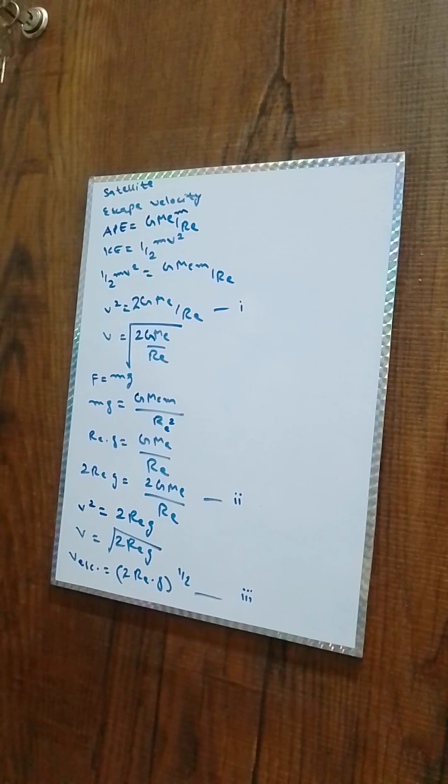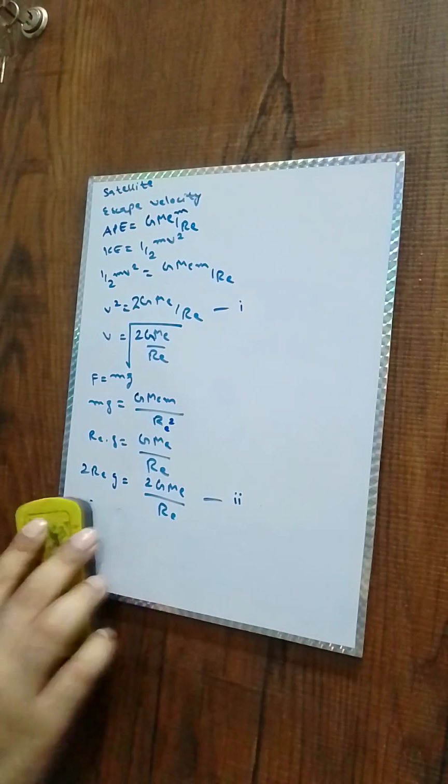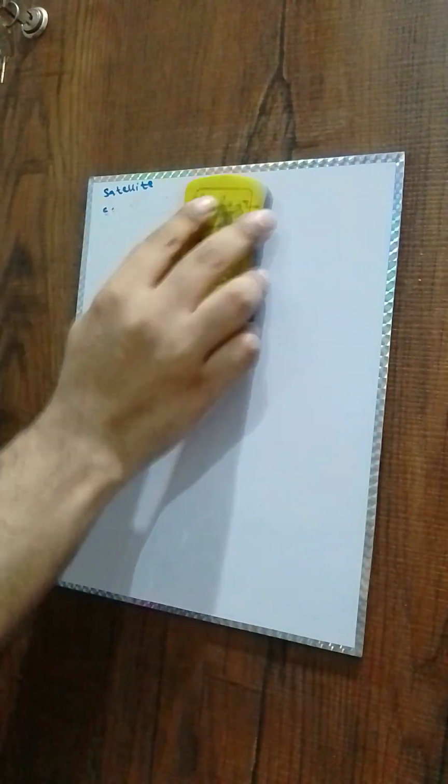Sometimes we have to average out the force, which makes the initial force 0 to begin with, and the final force f, and then 0 plus f by 2 becomes the average force, f by 2. So these are the approximations you are supposed to take in some situations, but everything depends on the possible approximations. So this is very much the form for escape velocity, if I'm not wrong, but we will look into it later on.